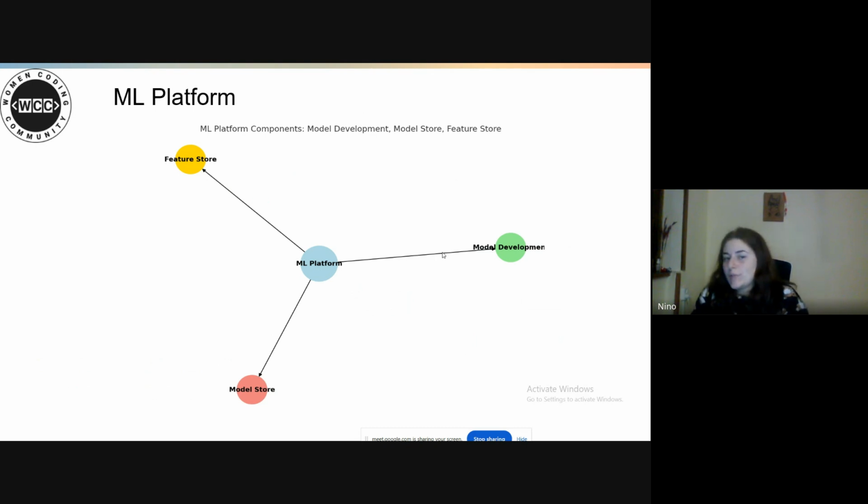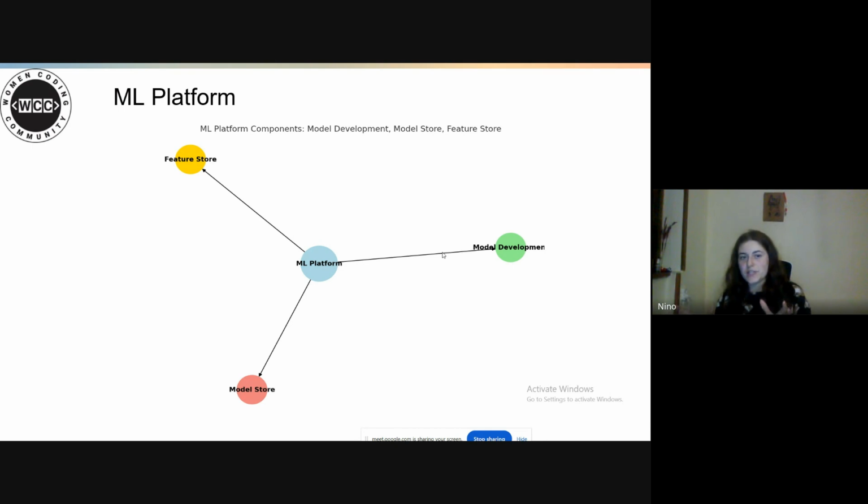ML platform. As you see, it contains 3 main parts: feature store, model development, and model store. We start with the feature store. This is a centralized feature system which helps data scientists avoid engineering the same features over and over again.